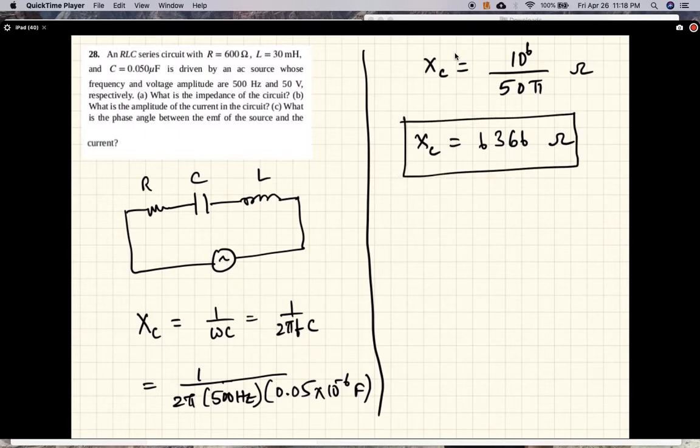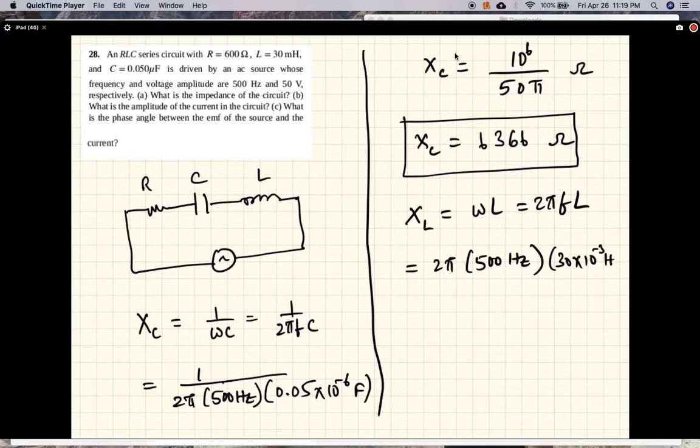Okay, and then let's calculate XL. It's kind of a large XC, but anyway, XL is omega L, which is 2 pi FL. 2 pi into 500 Hertz, and L is 30 into 10 to the minus 3 henries.